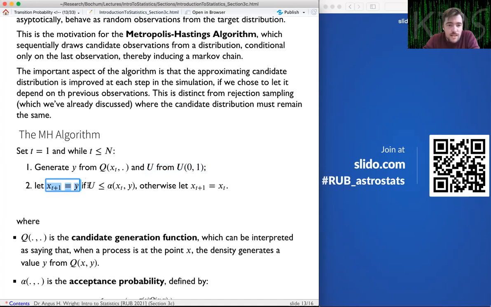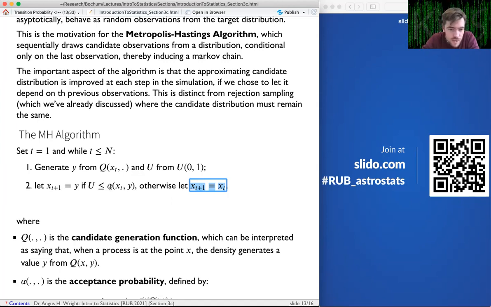And we then say, if our random variable that we just drew here is less than some acceptance function, which is a function that depends on the current state and the new state, y, then we let the new state become the current state. Then we accept it. Otherwise, we make the next state the current state.